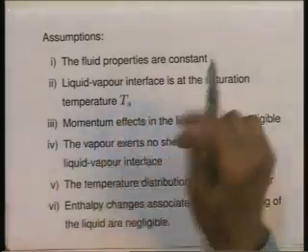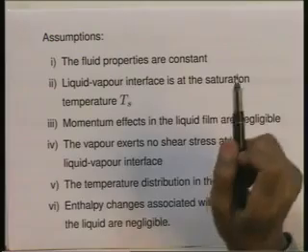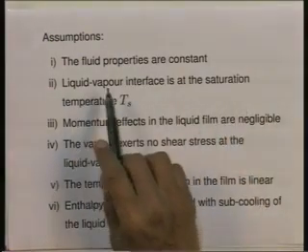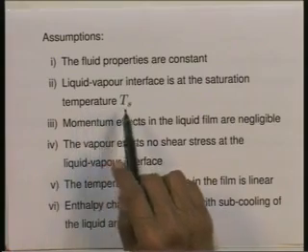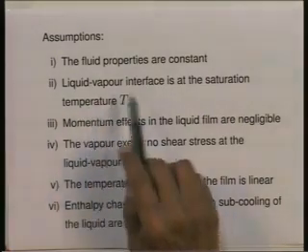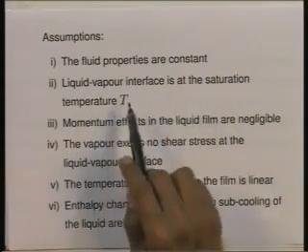It is an extremely good assumption for this particular problem. The second assumption we are going to make is that the liquid vapor interface is at the saturation temperature T s.